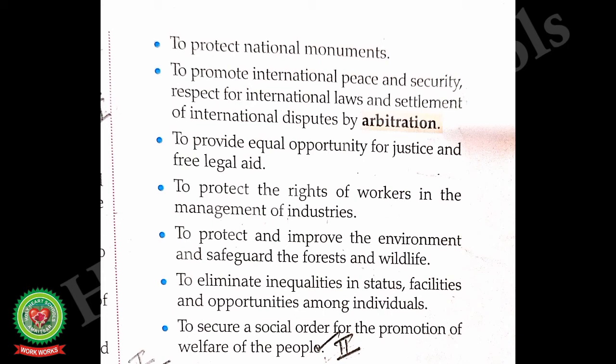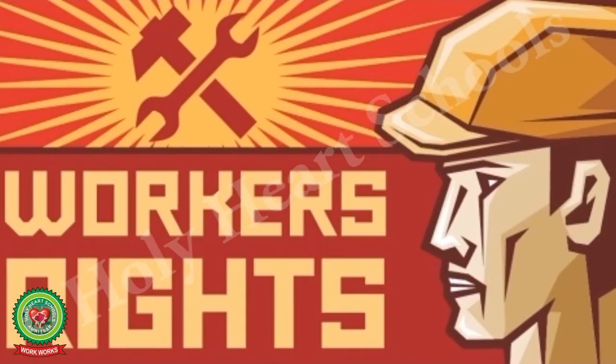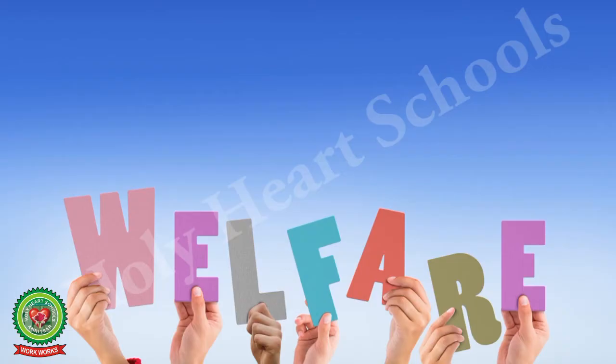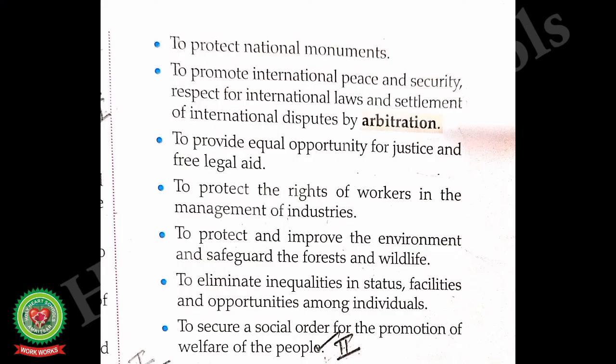Number 14, to eliminate inequalities in status, facilities, and opportunities among individuals. And number 15, to secure a social order for the promotion of welfare of the people. According to Directive Principles, it is the duty of the state to eliminate or eradicate all the inequalities in status, facilities, and opportunities among the individuals.